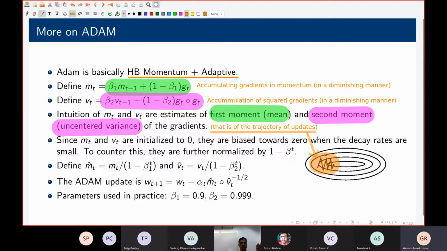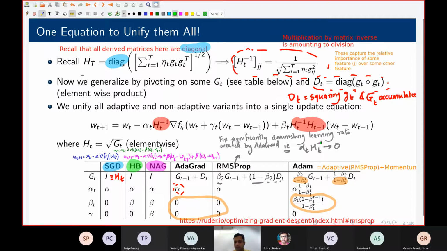Okay, so then there was a question: why do we need normalization by 1 minus beta to the t, the 1 minus beta 1 raised to t or 1 minus beta 2 raised to t that came in the denominator on the previous slide?